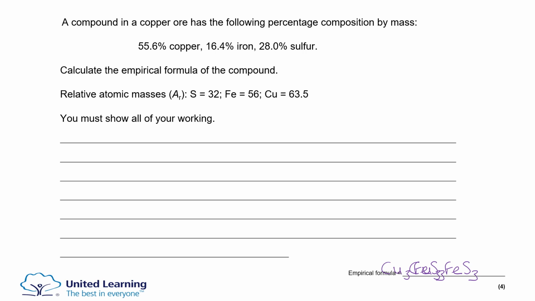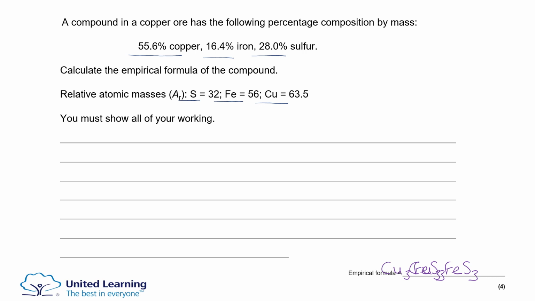So effectively what you're doing is finding out what is the formula of this compound from the information that they've given you. Looking at the question, it's giving us the percentages, copper, iron and sulfur, and it's then given us the atomic masses, but notice it's given them in the opposite order, and that's important because it could cause you to make a mistake further down in the question, so it's worth noting any little things like that.